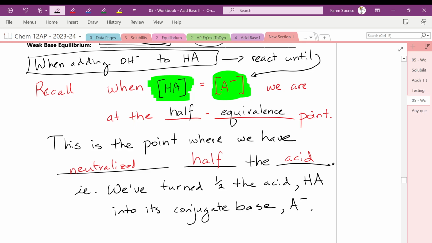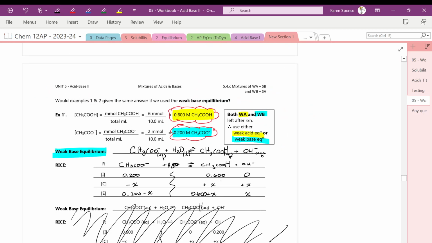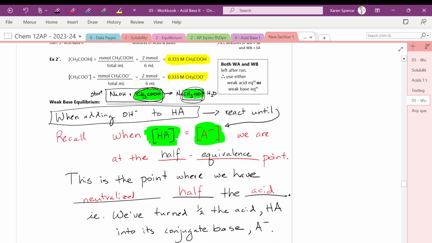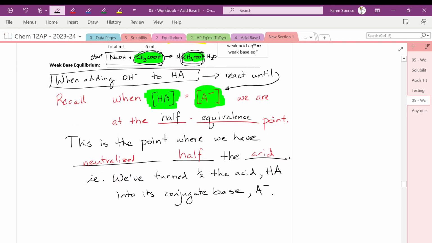So if we were to do a KB for this thing, where do we go? Here we are. So if we were to do a KB for this thing, what species would we be using for our reactant if we were doing a KB? What would we be using? CH3COOH?